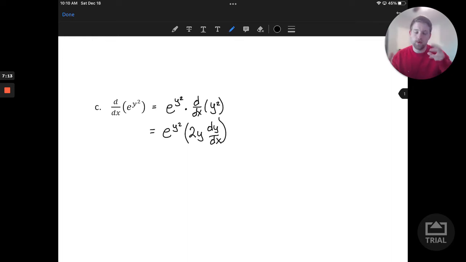So the derivative of the exponent in general here is going to be the power rule 2y times the inner function dy dx. So putting those all three terms together will be my final derivative there with respect to the x variable.